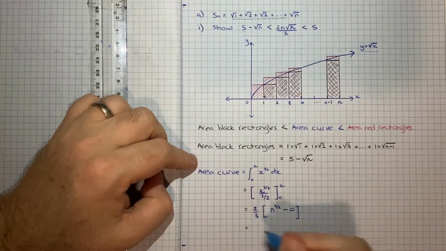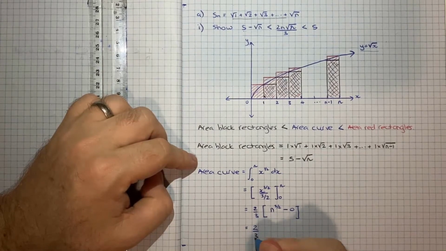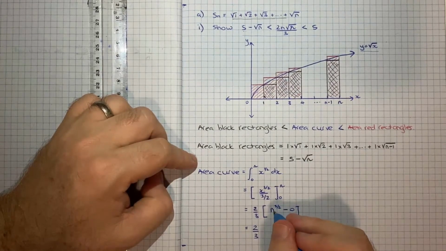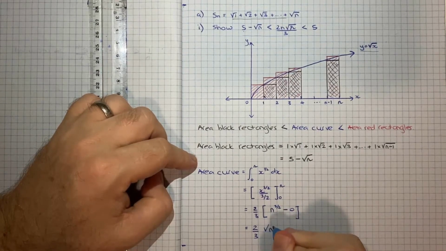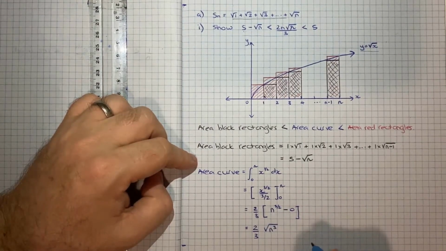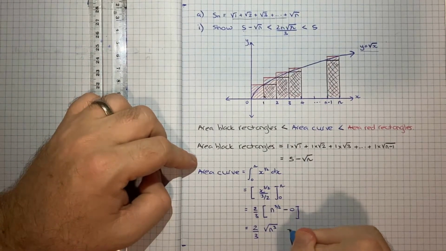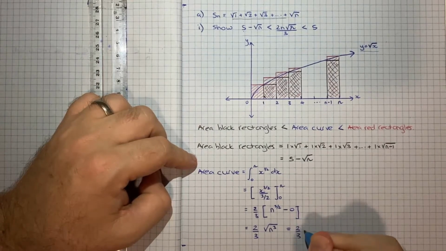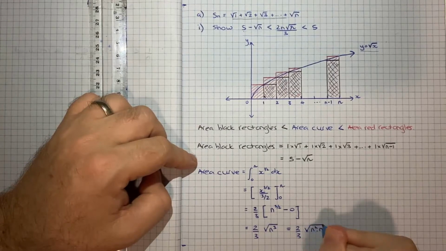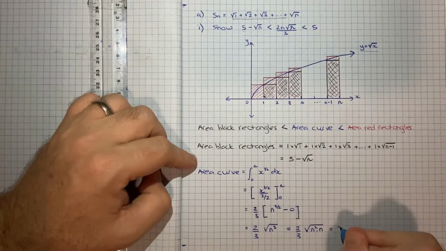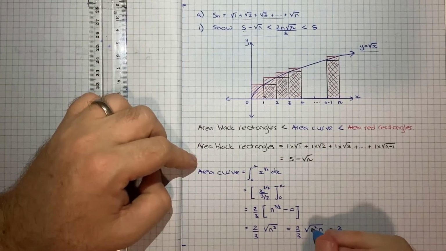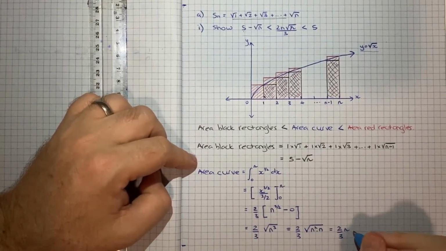So that's going to be 2 on 3 times n to the 3 on 2, which we could write as the square root of n cubed. And given I'm running out of space, I might just keep going this way. So that will be 2 on 3 times the square root of n squared times n, which would be 2 on 3 times the square root of n squared is just n, and then there'll be a root n left.